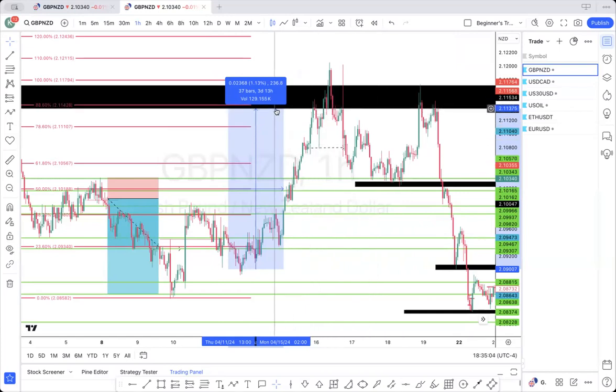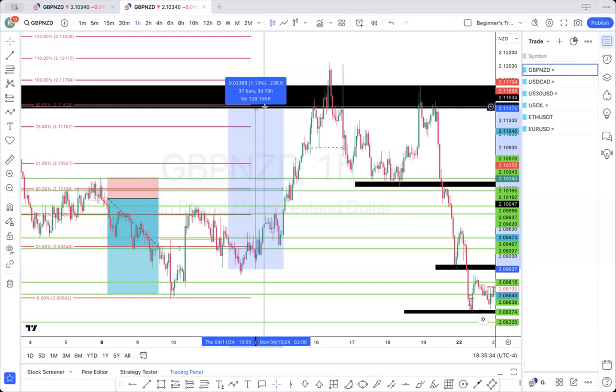So once you got out at this point right here, you got 236 pips, right? If you were at a standard lot, you got $2,360.